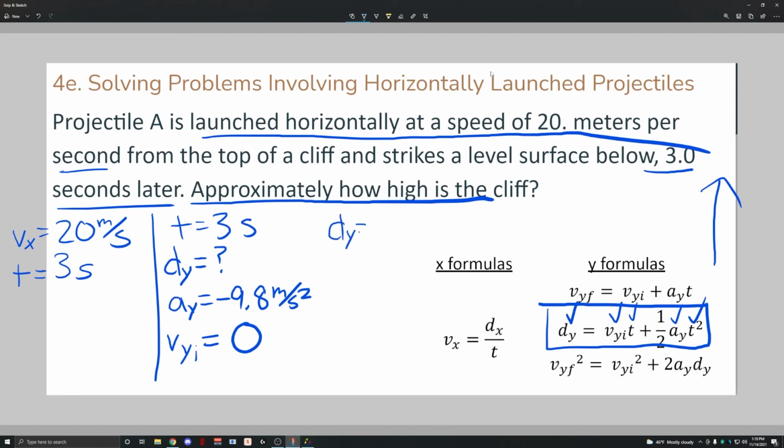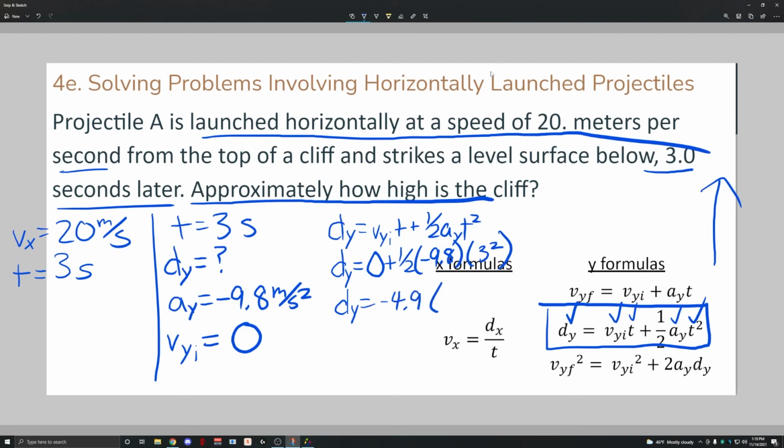So dy is equal to Vyi t plus 1/2 ay t squared. dy is equal to 0 plus 1/2 times negative 9.8 times 3 squared. That's 1/2 times negative 9.8, which is negative 4.9. 3 squared is 9, and dy is negative 44.1 meters.